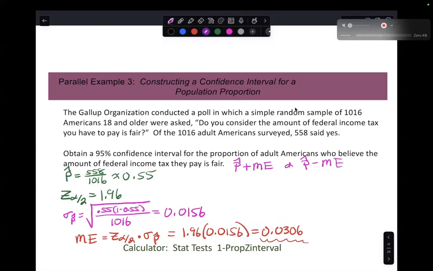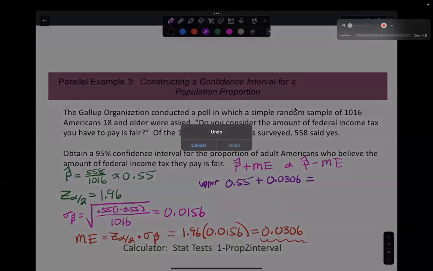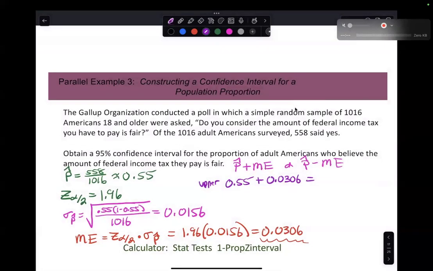Okay, purple's good. So my p hat is 0.55. This is going to be upper. So 0.55 plus 0.0306. I swear I am going to not make a mistake with my calculator. Not going to typo this time.